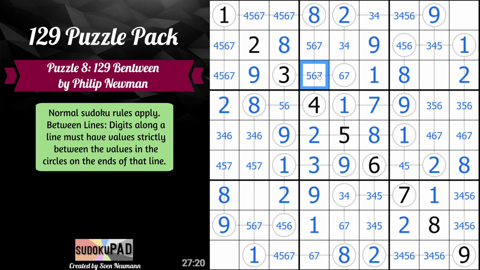Oh, wait, maybe that's not that helpful. This can't be 7 in the same way that this can't be 3 because this can no longer be 2. Is this also... Yeah, this is also 4, 5, 6, 7. All we need to do is remove 4 as an option.